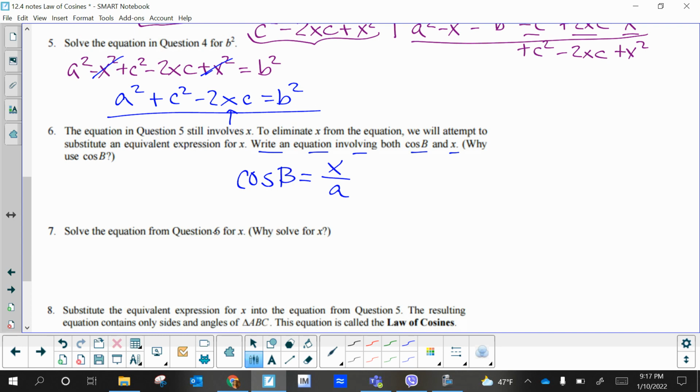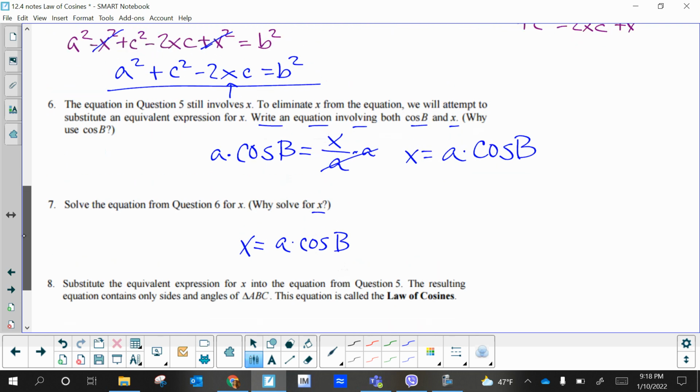So it says solve the equation from question 6 for x. Okay, so we're going to solve for x. Why do we want to solve for x? Well, because then we have something to substitute into that x. So we're going to times this by a. Whatever I do to one side, I must do to the other. All right, so x equals a times cosine of b. So guess what I'm going to do with that?